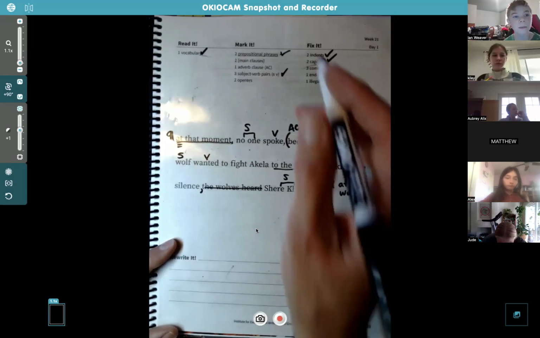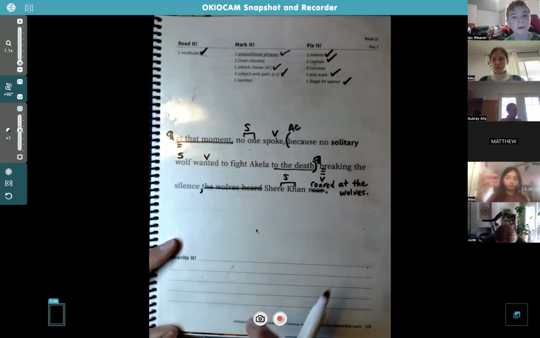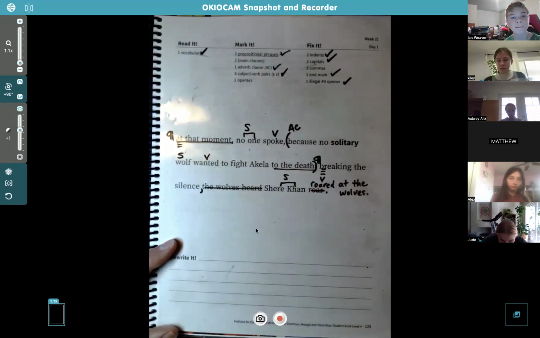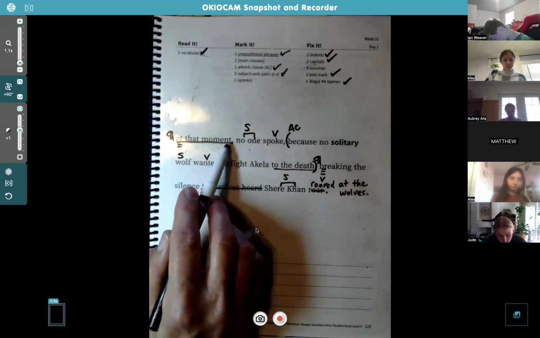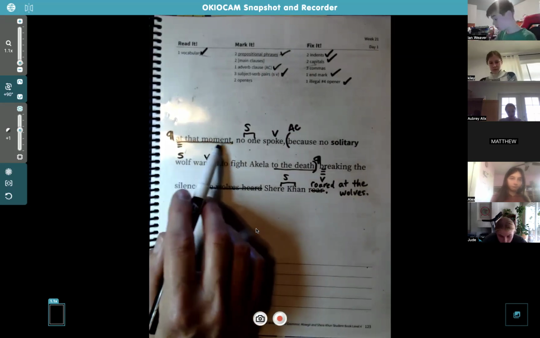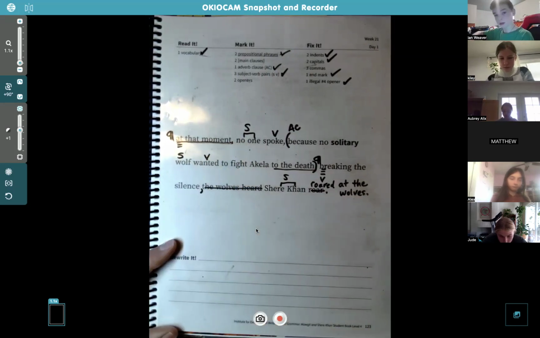What are the openers? Adverb opener or is it right here? Mm-hmm. Yeah. No, that's a prepositional phrase. So what kind of an opener is a prepositional phrase? VSS. VSS, do you remember what that stands for?